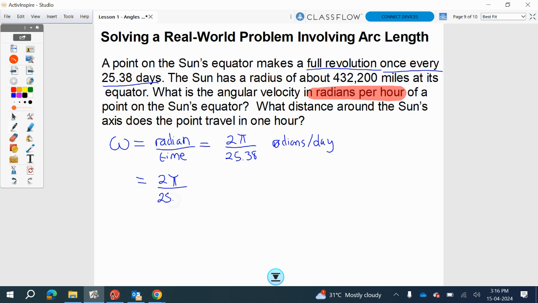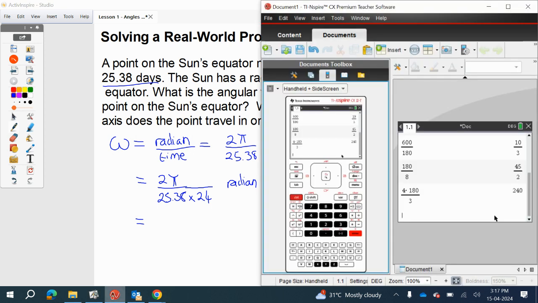So I've got 25.38 times 24, like that. This is radians per hour. So pop that onto my calculator. Where's my calculator? 2 pi over 25.38 days times 24 hours. 0.0104.